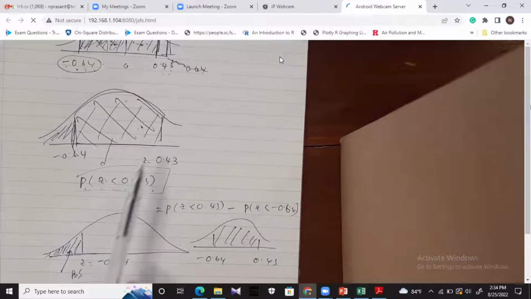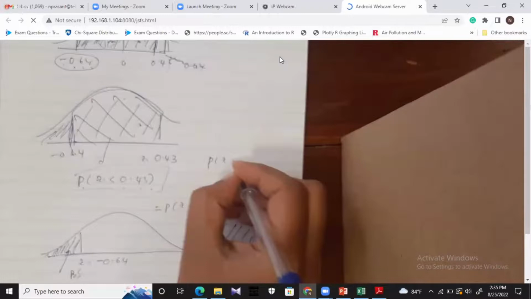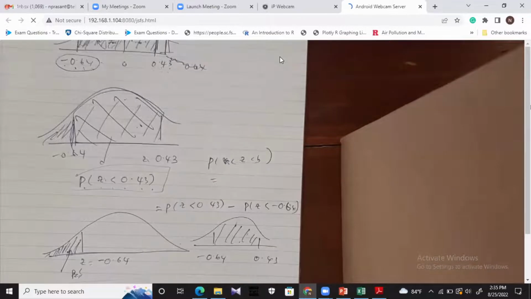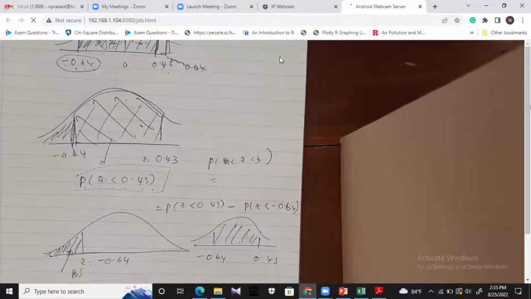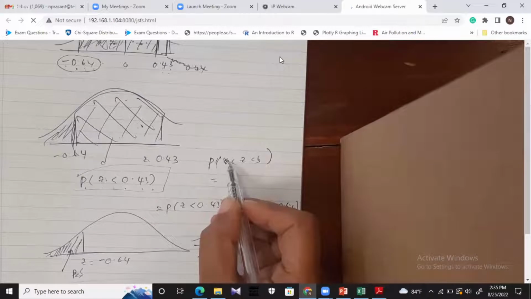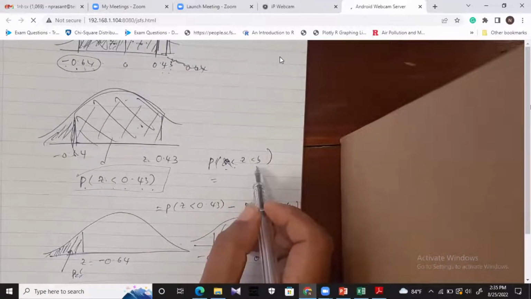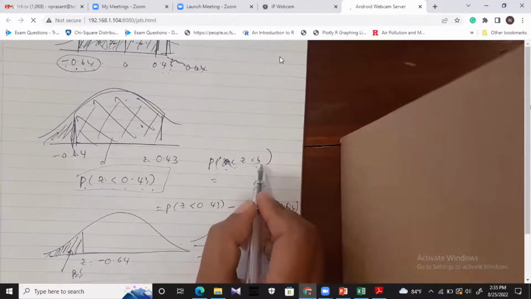Now, did you understand, if we have this type of probability, how to write the inequality? We have probability of Z when Z is in between A and B, A less than Z less than B. How do you write this probability?